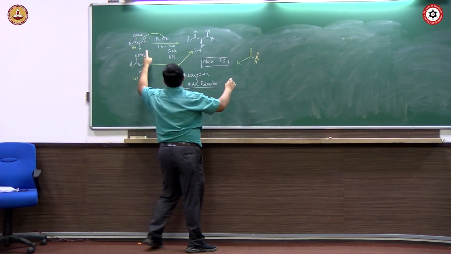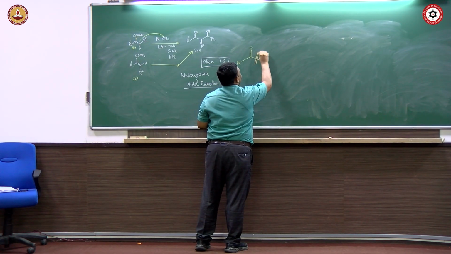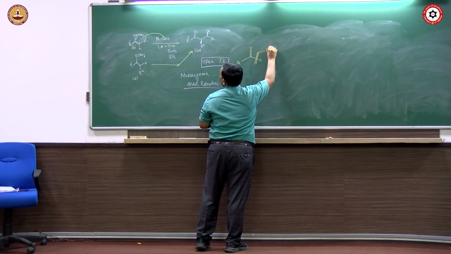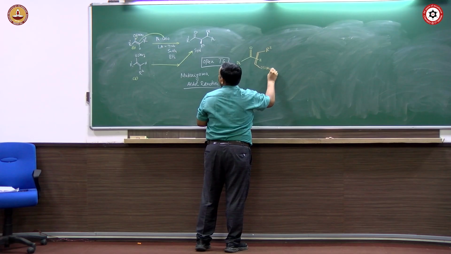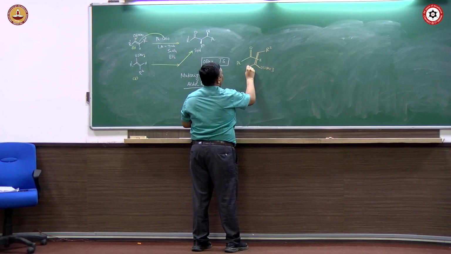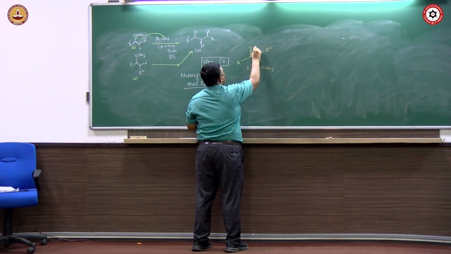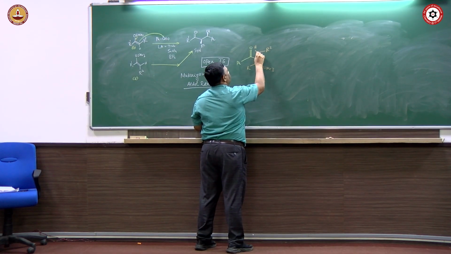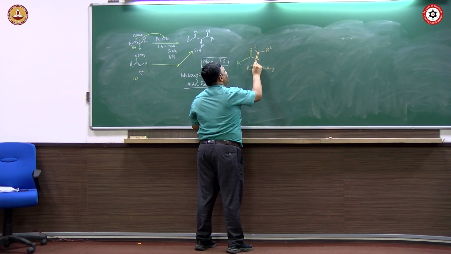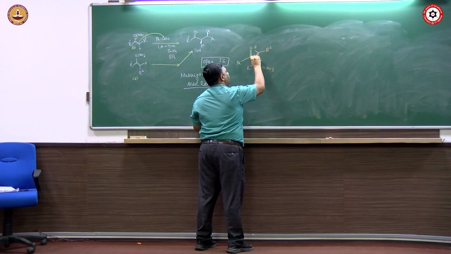So Z means R2, OSiMe3, and R1 and this hydrogen.